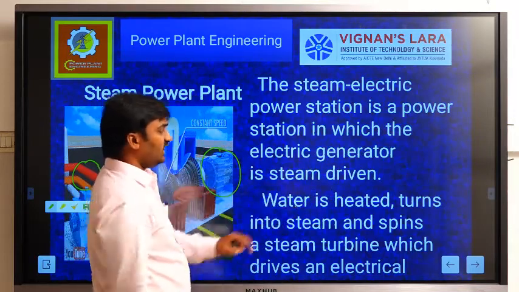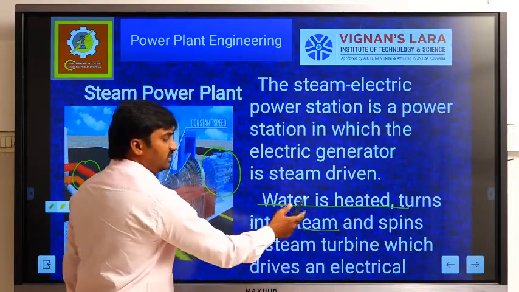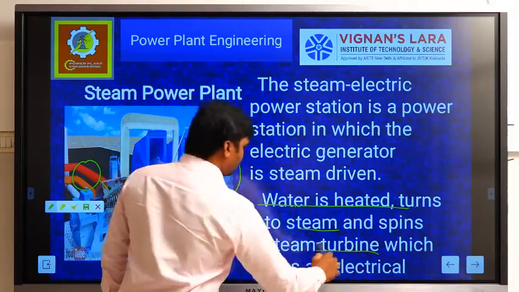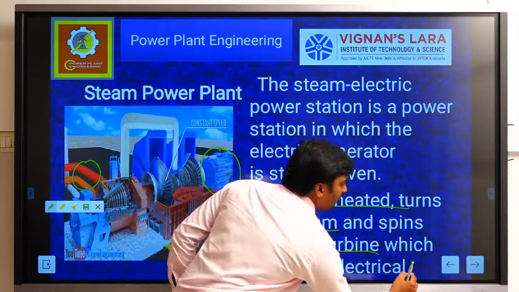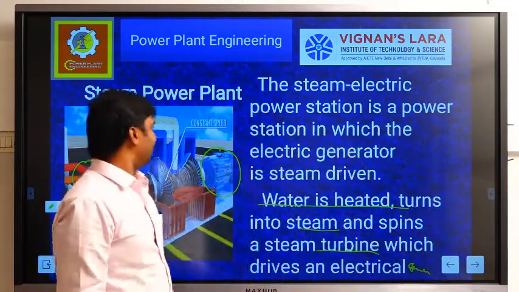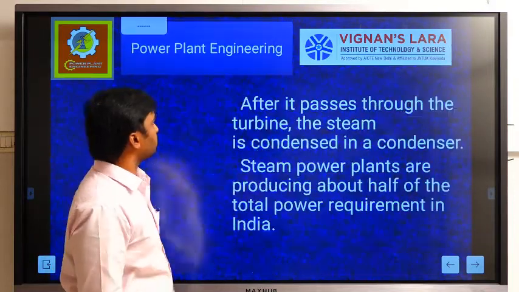Water is heated and turned into steam. The steam spins the steam turbine, which drives the electrical generator.